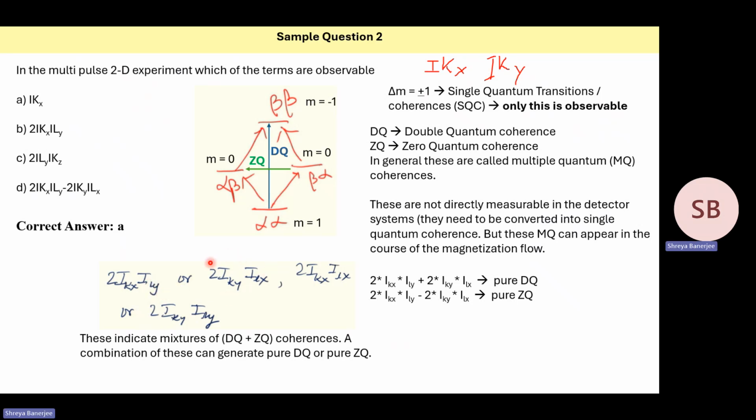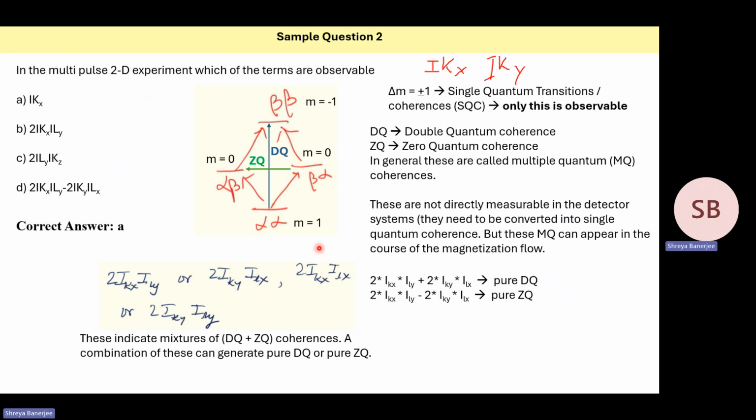These terms on their own have no significance, but they are mixtures of double quantum or zero quantum coherences. By double quantum, I mean alpha alpha to beta beta directly, where m changes by 2. And by zero quantum, I mean alpha beta to beta alpha, where there is no change in m.